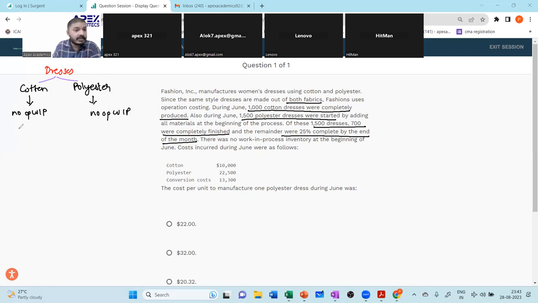They are asking. Now pay attention. Cotton. Here, can I say 1,000 dresses completely ready? That means there is no closing WIP over here. But what about this?